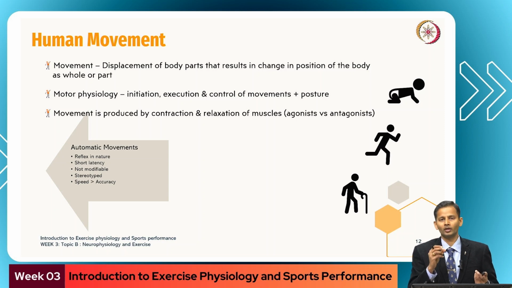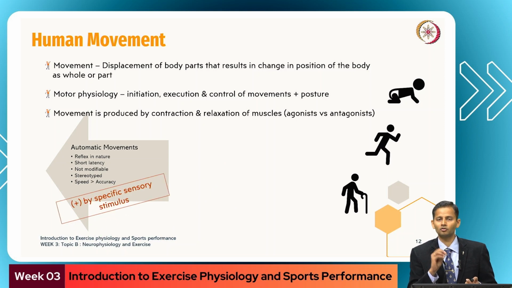Accuracy is how you are doing it, so that you exactly execute the thought or predetermined function or activity. So in automatic movement, it's speed more than accuracy. They are reflexive in nature and very stereotyped, so generally it is the same response each time. They are not complicated and mostly not modifiable. That's the key aspect of automatic movements. And they are specifically stimulated by specific sensory signals.